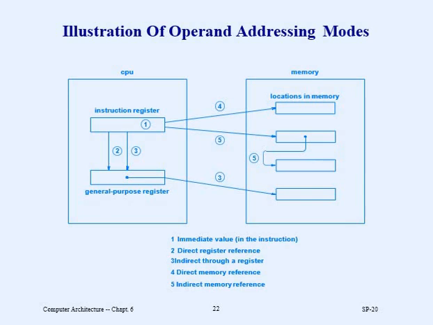Okay, the second type is shown with the arrowhead downward here. This shows that the value is in the general purpose register. So this type is called the direct register reference, where the internal registers are accessed and we can get the operand value over there.